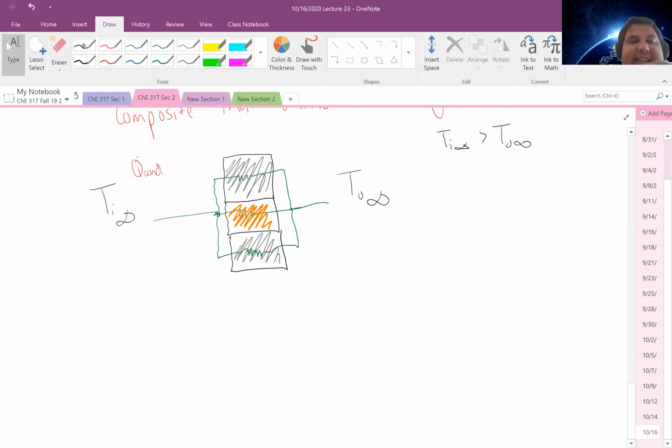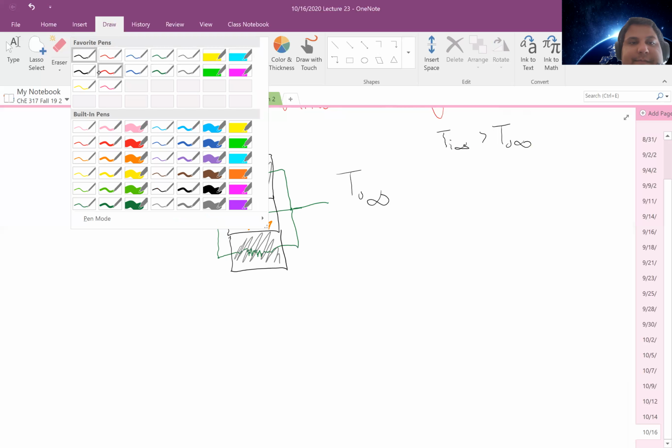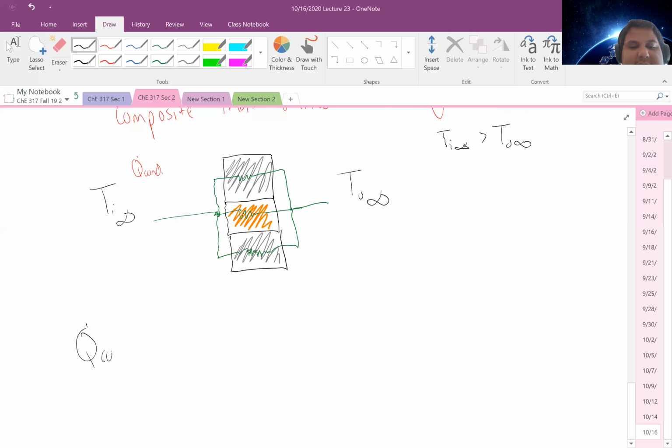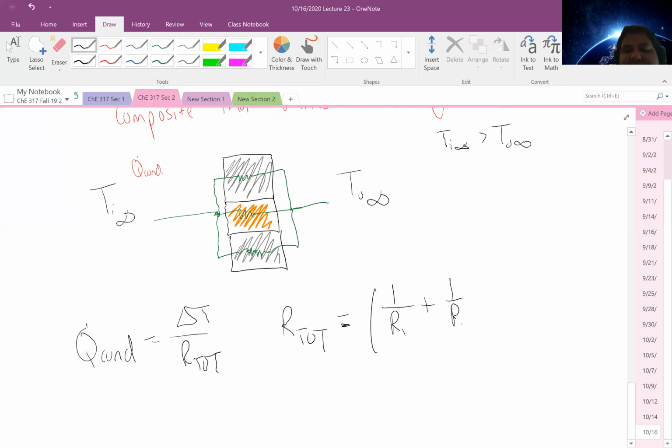So what we can find in this system is that Q conductive still equals the temperature gradient over the total resistance. However, the total resistance for systems in parallel now equals the sum of the inverse resistances, taken to an inverse.